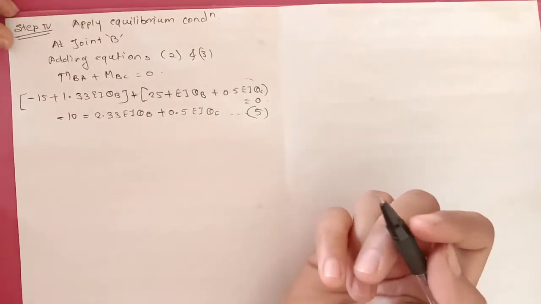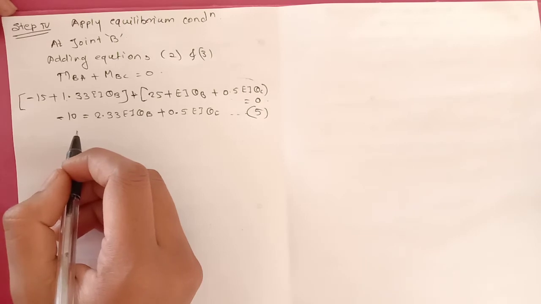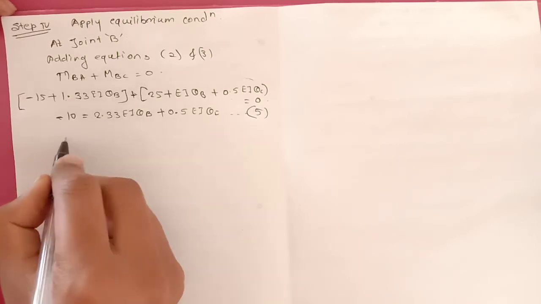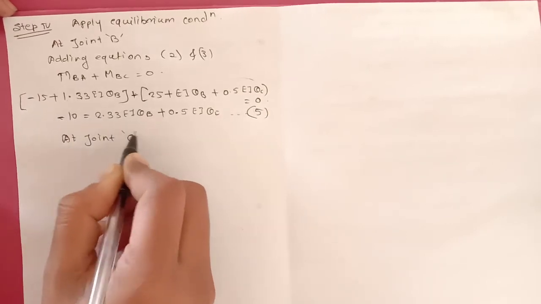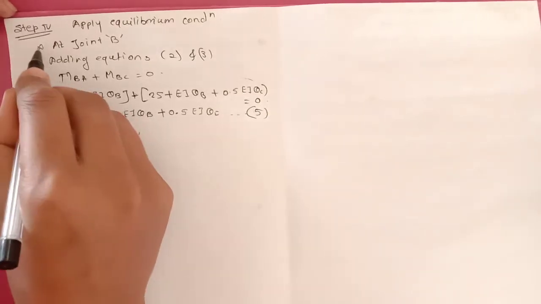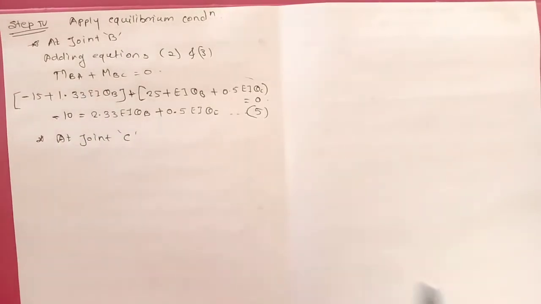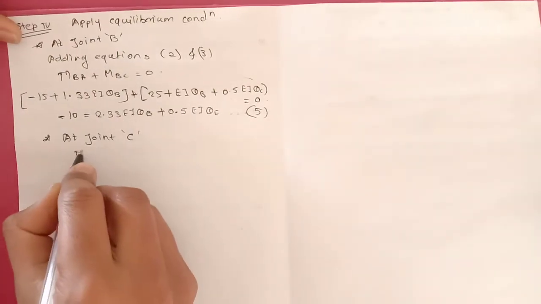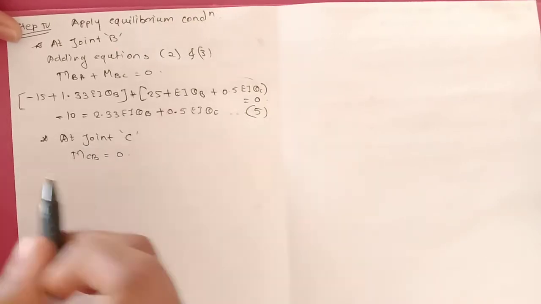Then next, apply the equilibrium condition at joint C. For joint C only one member acts, that is the CB member. So here we take only the CB member's slope deflection equation.